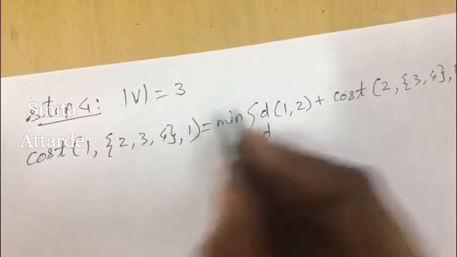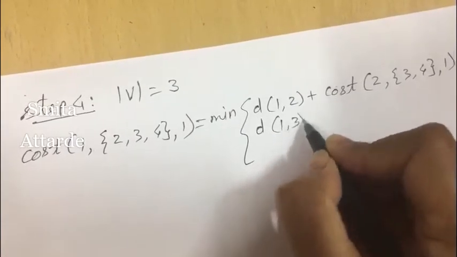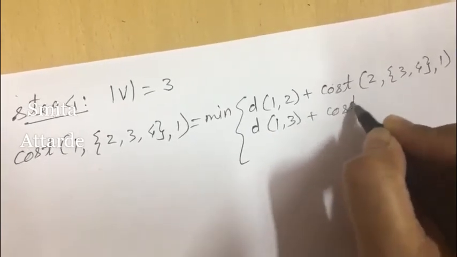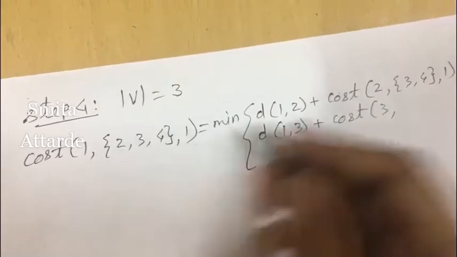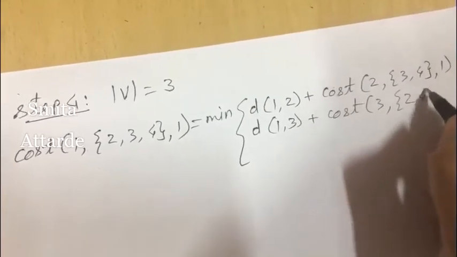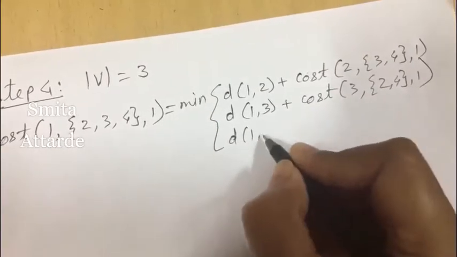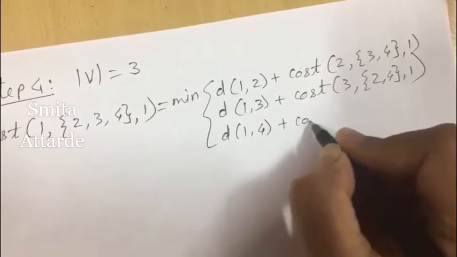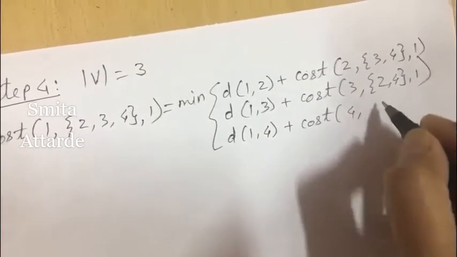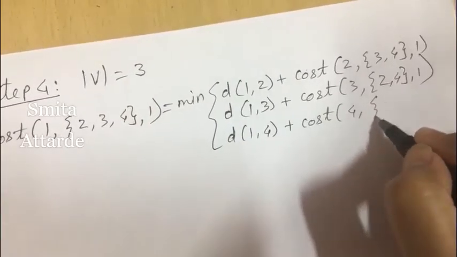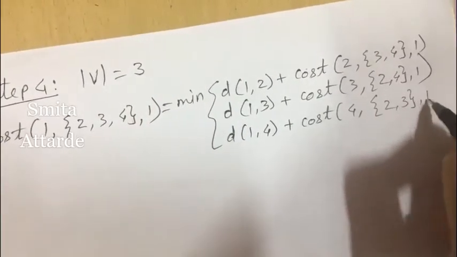Second case when j is equal to 3, cost of 3, now subtract 3 from this, we get here 2 4 1. Third case when j is equal to 4, cost of 4, subtract 4 from this set of vertices, we get here.